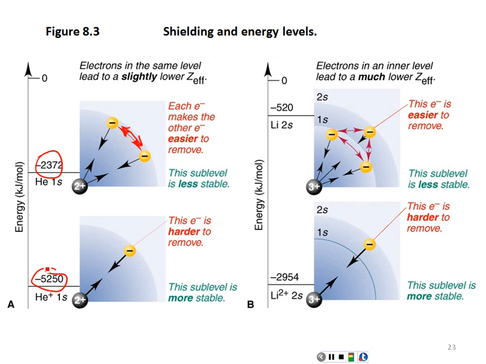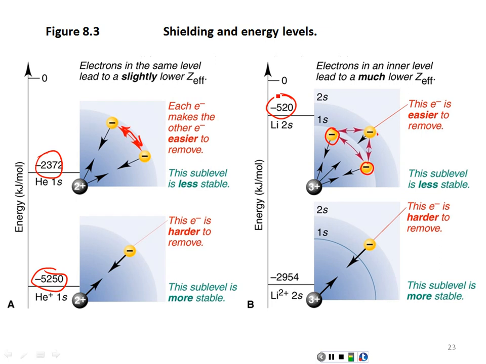Now let's look at how inner electrons shield outer electrons. Lithium has 3 electrons. The electron in the 2s energy level is really easy to remove. And why is that? It's because these 2 inner electrons are shielding that nuclear charge from the outer electron very efficiently. So there's a much lower effective nuclear charge, and it takes very little energy to remove that electron.